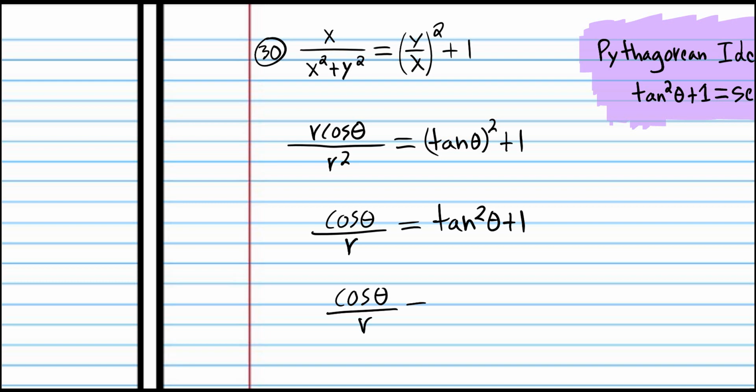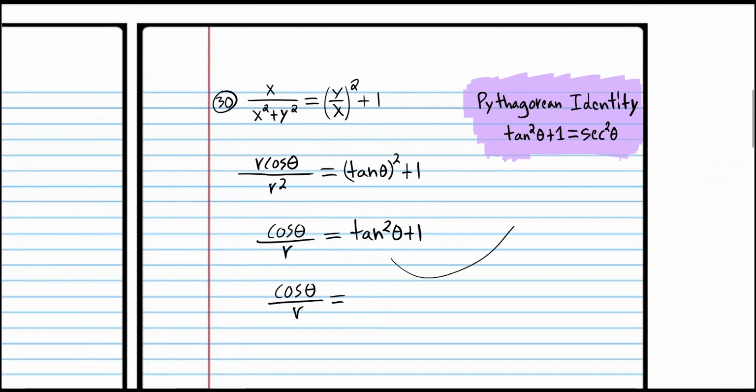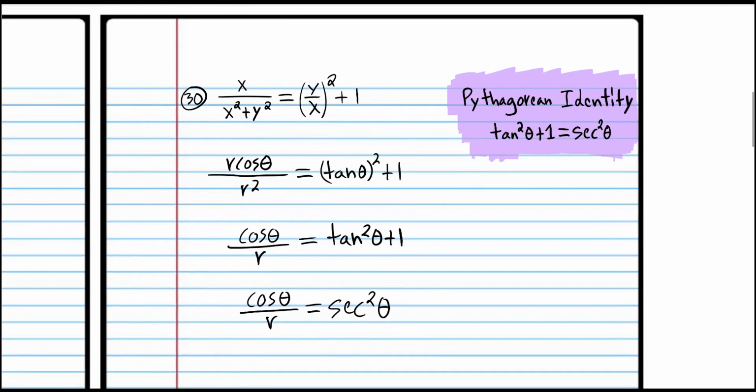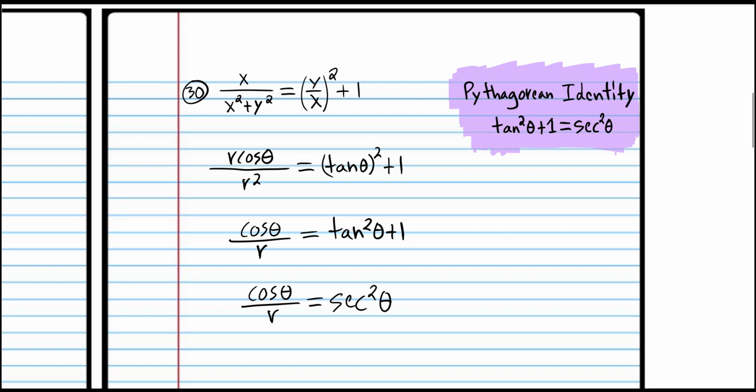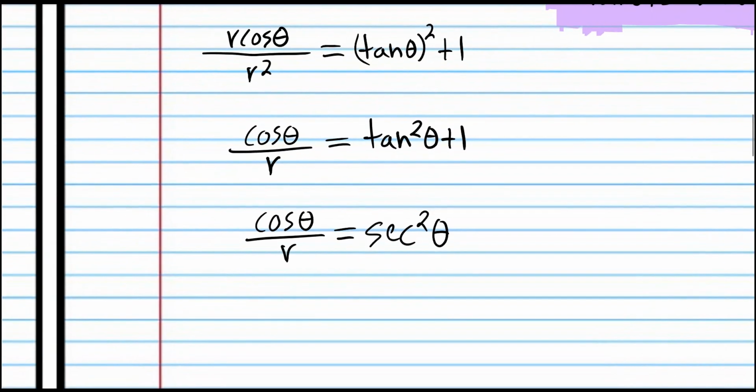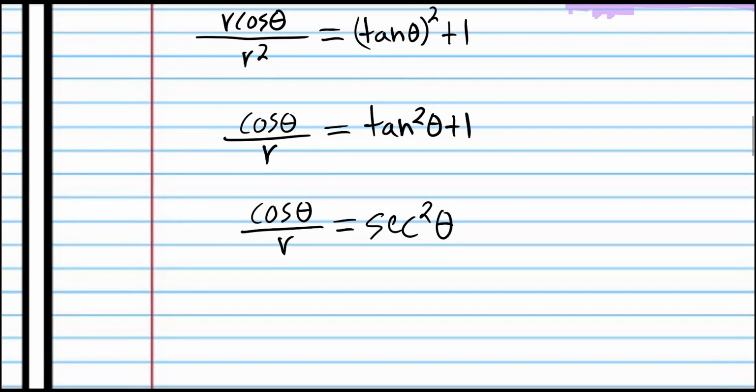So then we have cosine theta over r is equal to, and this is where we're going to use the Pythagorean identity just to simplify things as much as we can. So once you change to this form, we're in the polar form. So you don't necessarily have to keep simplifying, but if you can simplify, generally you want to do that. Now we can actually simplify even more.